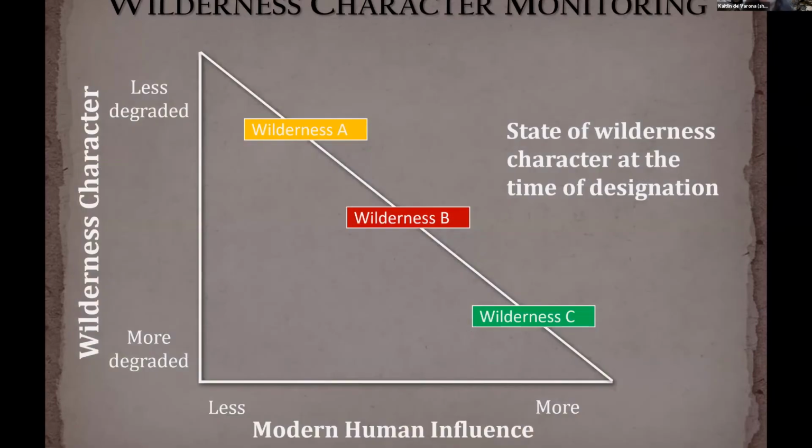So why do it? One of the reasons is that, as Julie pointed out, the law does mandate that we preserve wilderness character. So any wilderness can come in on kind of this line.